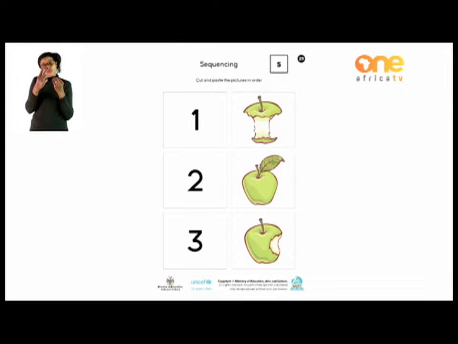And the apple that is finished, you will paste at the back of number 3. So after doing this, you have sequenced your apple from a whole apple to an apple that is finished.